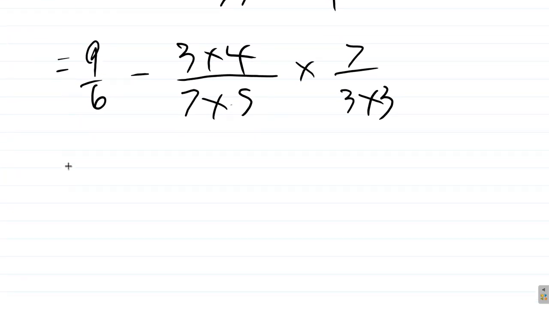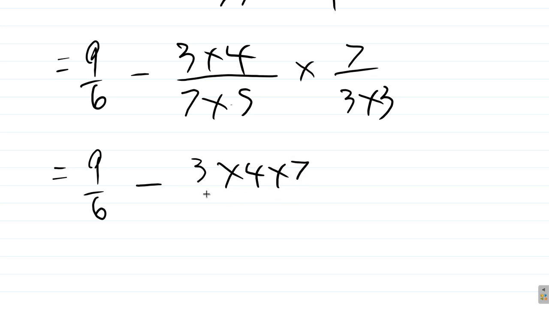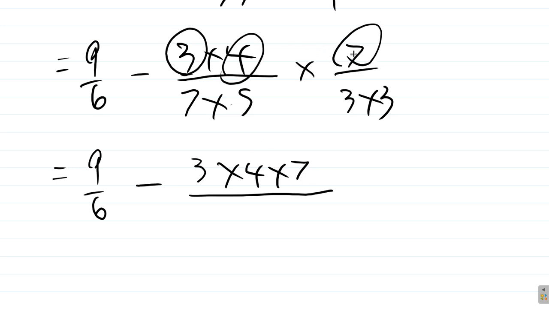So here now, this is 9 over 6 minus. You could rearrange these things to say this is 3 by 4 by 7 up top. Alright, it's 3, this 4, and this 7 over. Let's put this 3 in front here under this 3.